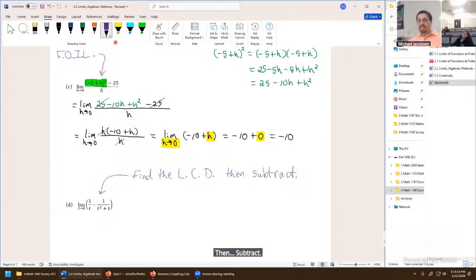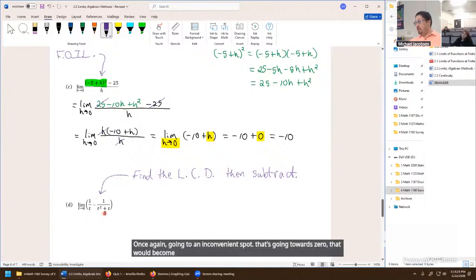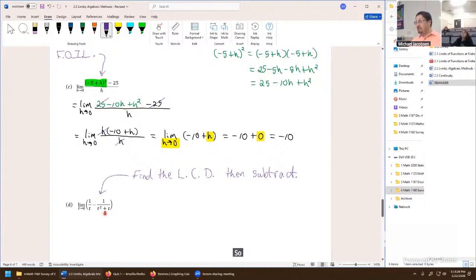And why do we have to do that? Well, the limit is, once again, going to an inconvenient spot. If it's going towards 0, that would become a 1 divided by 0, and this too would become a 1 divided by 0. So this one is undefined minus undefined. You can't do any arithmetic with undefined. So we need to do some work on this just to start it out.